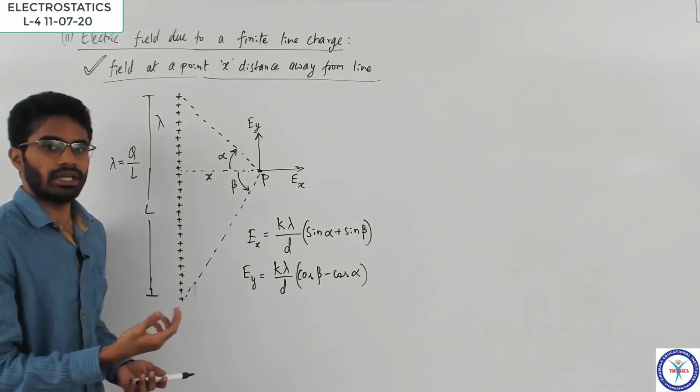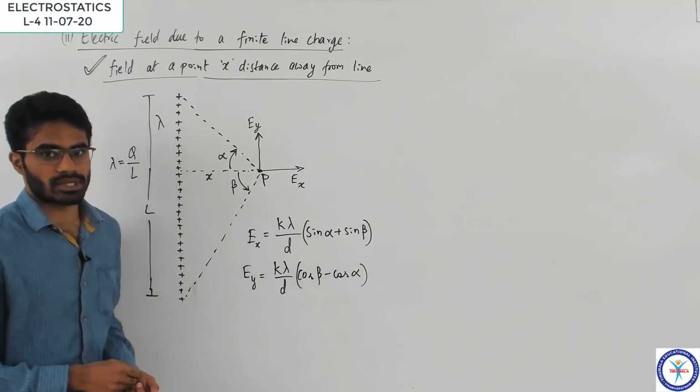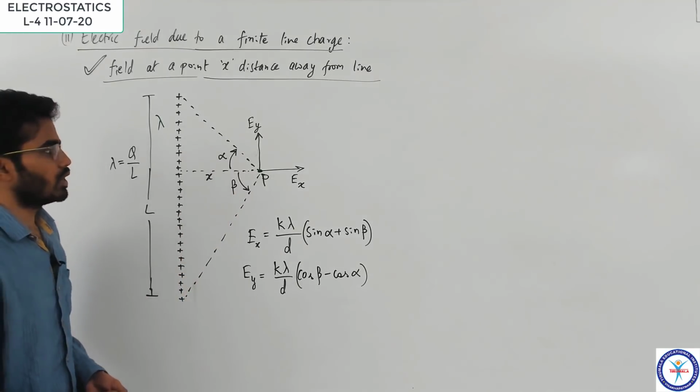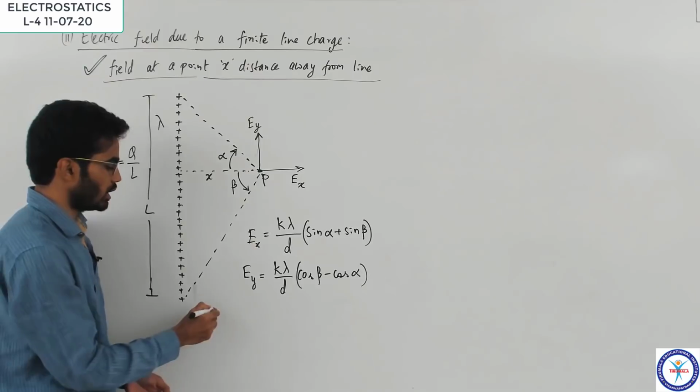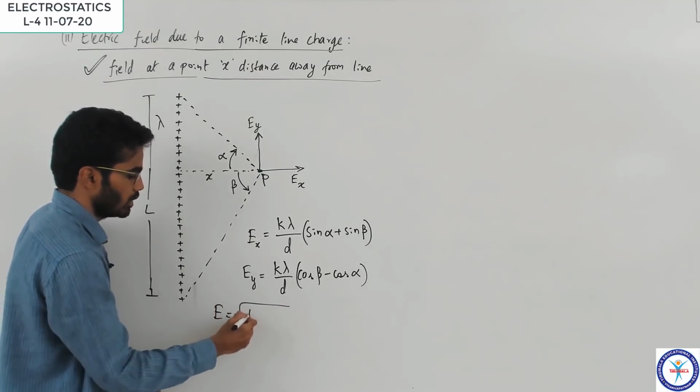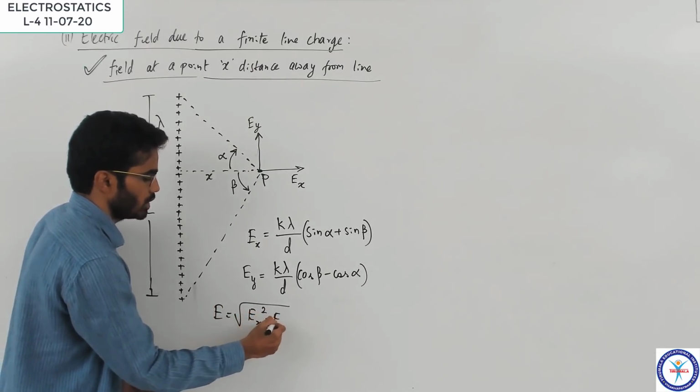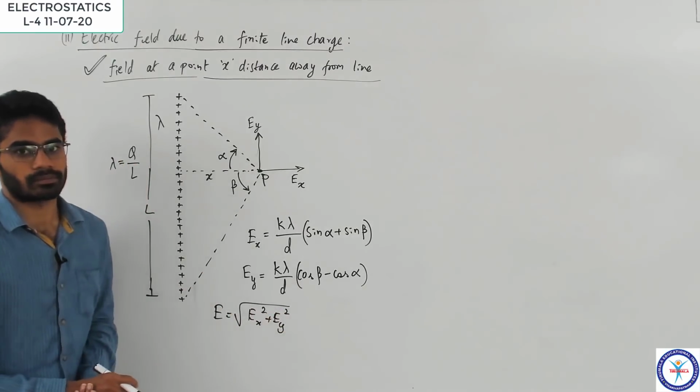If you want to calculate the net field, you can take the resultant. E is root over Ex square plus Ey square. This will give you the resultant.